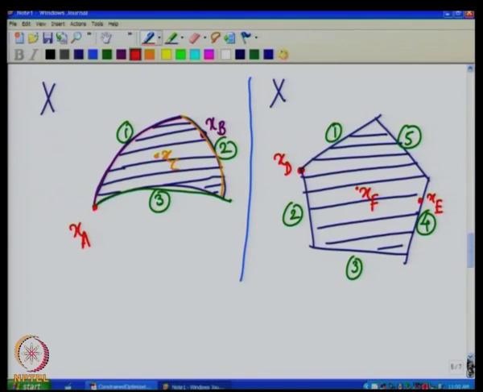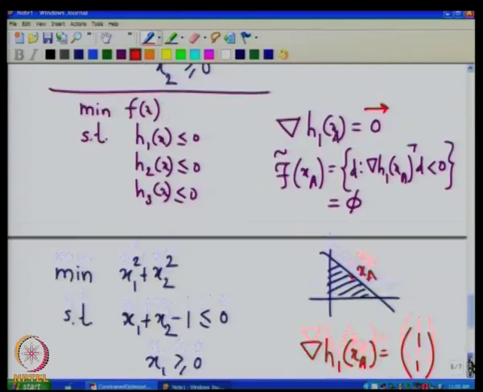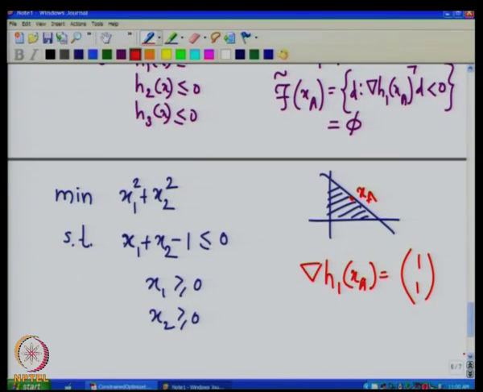You will see that the same constraint set, if it is represented in a different way, then we could avoid the f tilde x a from becoming a null set.